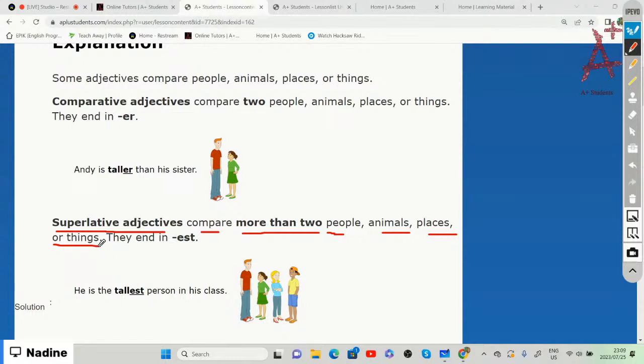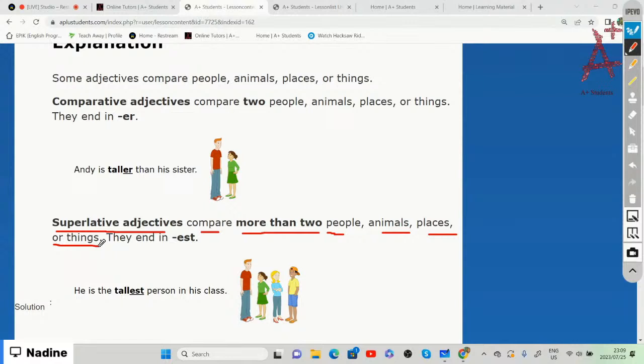I am the tallest person in the class, or I am the smartest out of my friends. Which means that it is being compared now to more than two people, usually a bigger group. So superlative adjectives compare more than two people, animals, places, or things.